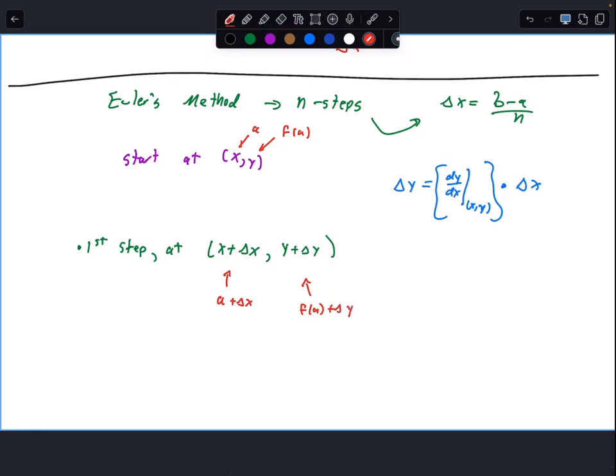And then we repeat. We repeat until we reach x equals b, until we've reached however many steps I've requested.